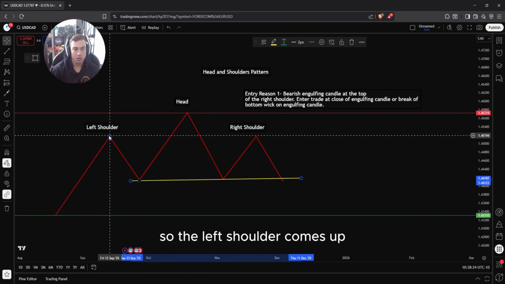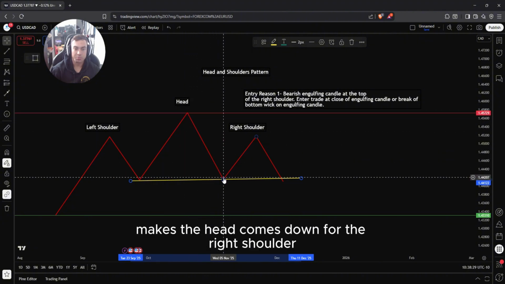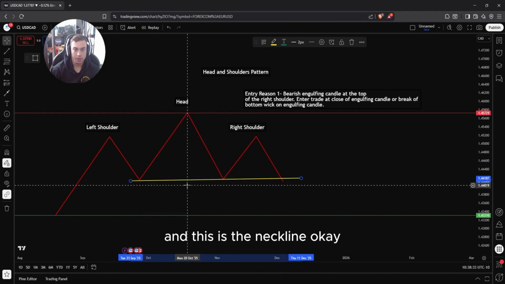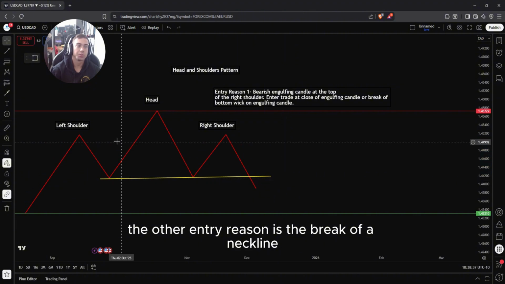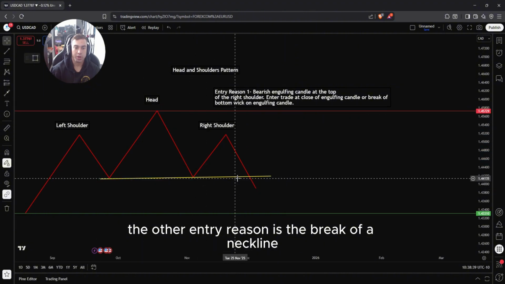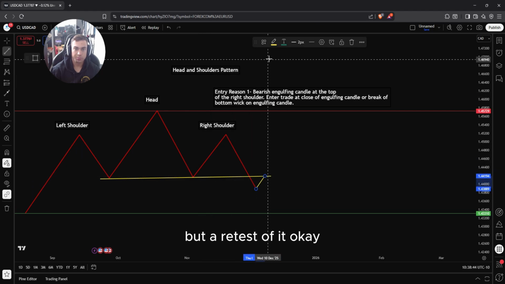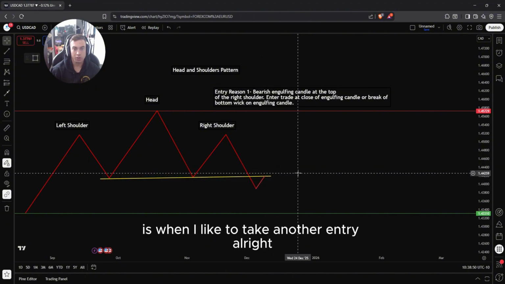So the left shoulder comes up, comes down, comes up, makes the head, comes down for the right shoulder, and this is the neckline. Now, the other entry reason is the break of the neckline, and then a retest of it. So at this retest of the neckline is when I like to take another entry.